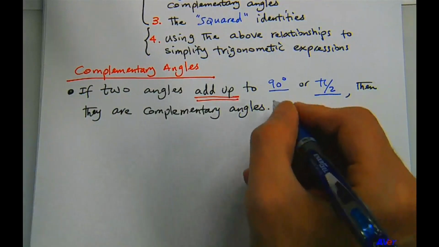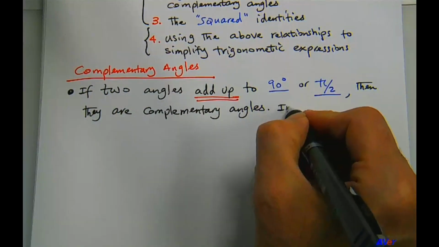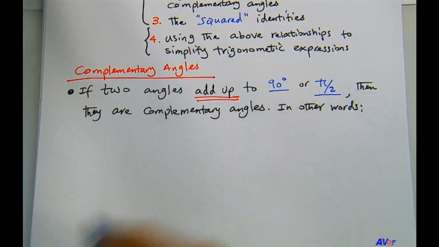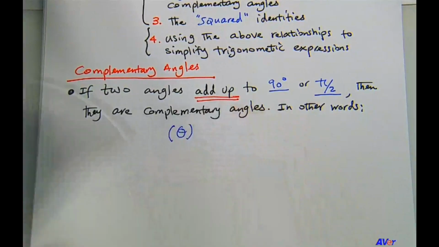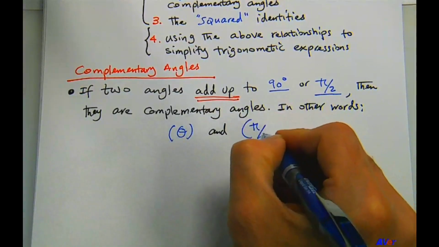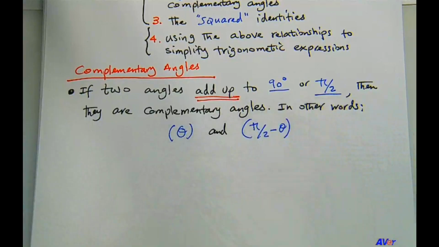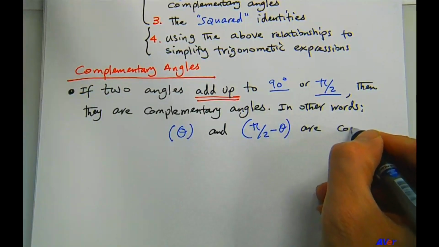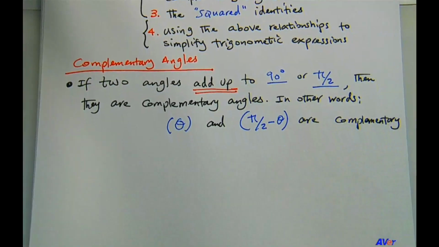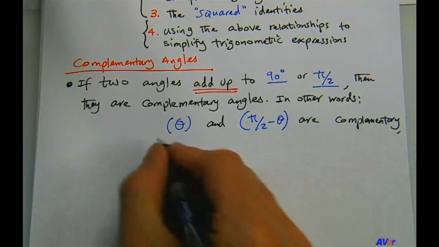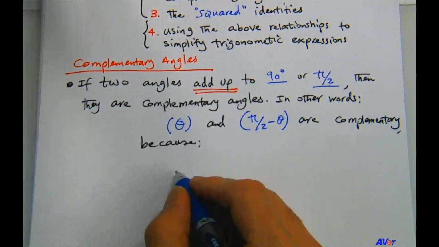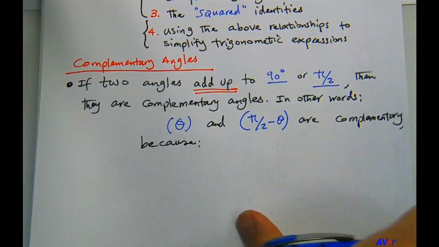So we say, in other words, theta and pi over 2 minus theta are complementary because of this relationship.